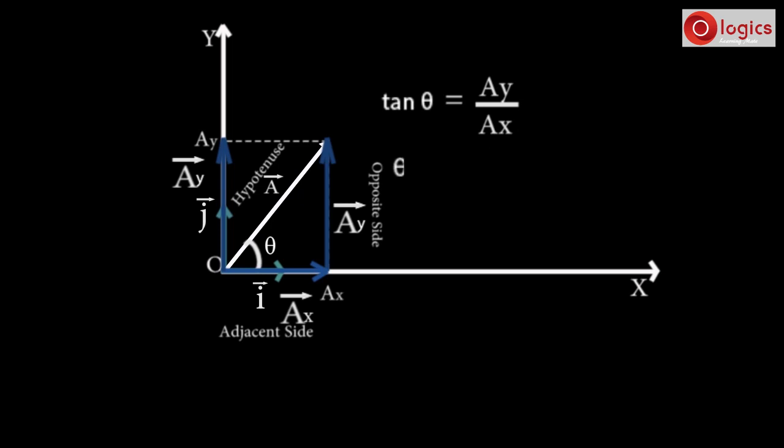So theta equals tan inverse of Ay by Ax. This is the angle of the vector.